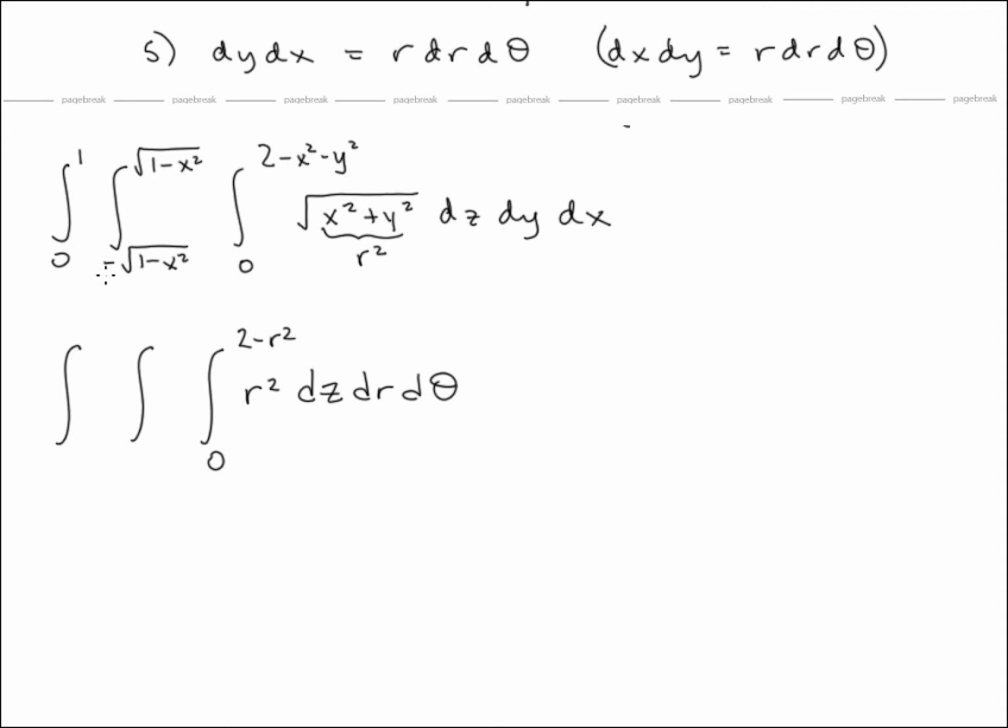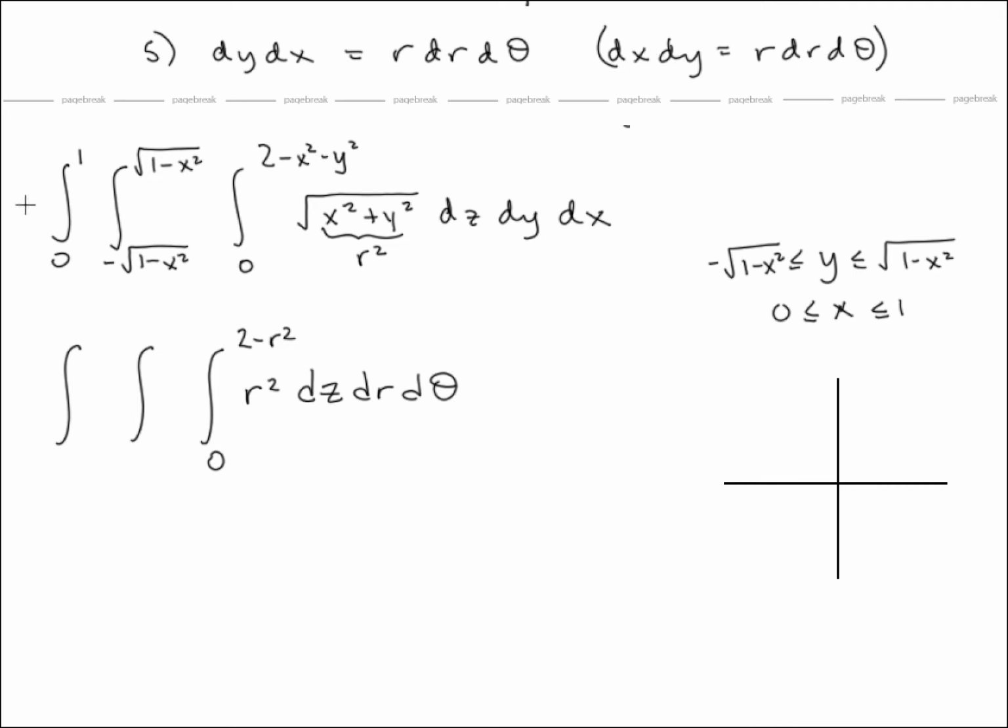And then we want to take a look at this region so we can describe it in polar coordinates. So let's see what we have here. We have y going from negative radical 1 minus x squared to positive radical 1 minus x squared. And with that, x goes from 0 to 1. So what region is that in two-dimensional space?